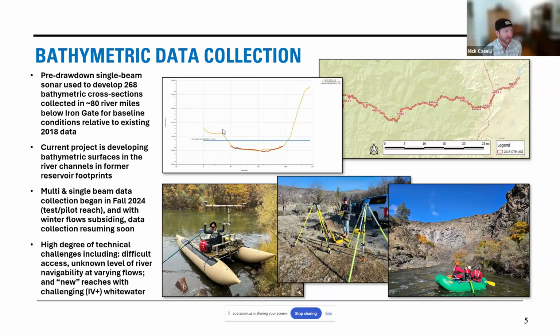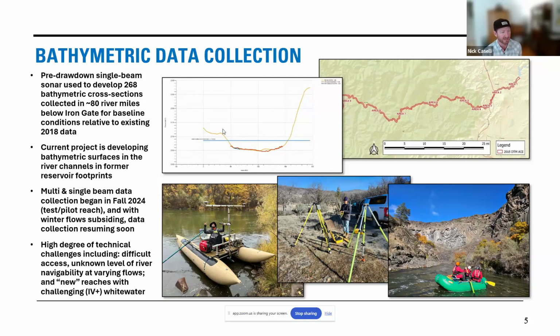First, I just highlighted 2 phases, bathymetric data collection. So in 2018, the river channels below the reservoirs were surveyed by the Bureau of Reclamation. Also, prior to dam removal, bathymetry of the reservoirs was surveyed by another entity. So we had some changes in river channels just prior to dam removal, mostly caused by the McKinney fire and the large amounts of sediment inputs into the river just below Iron Gate Dam.